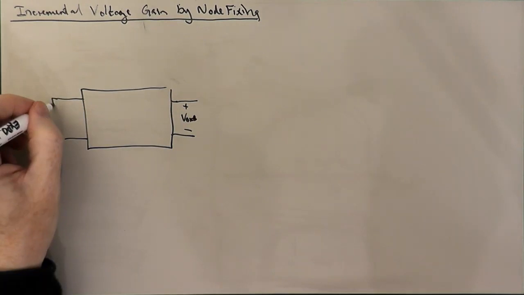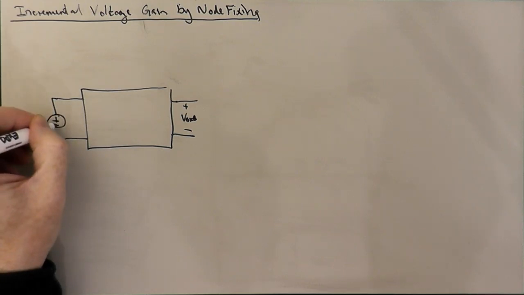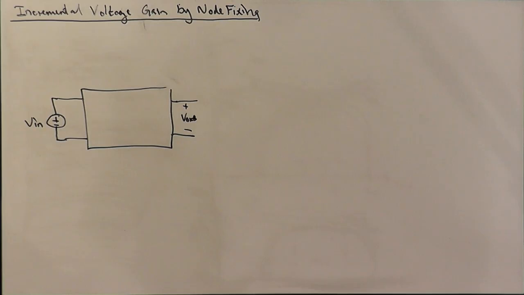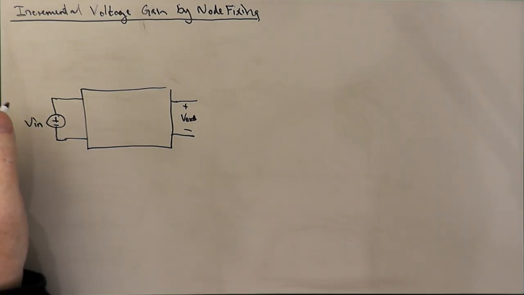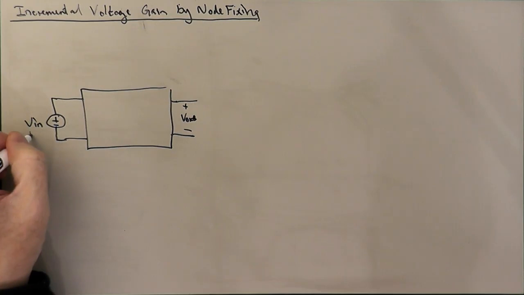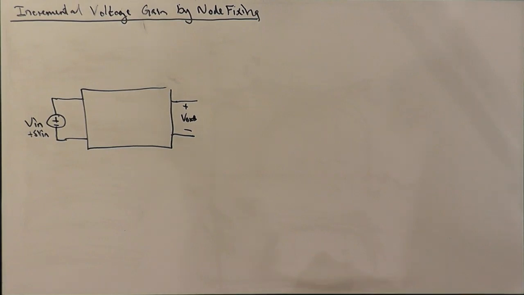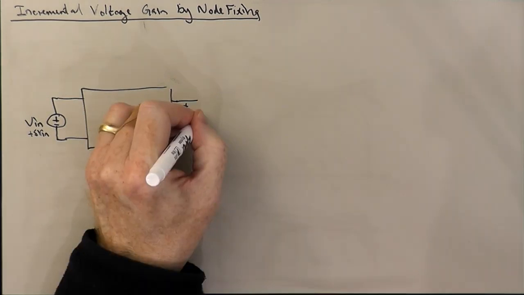And we're going to imagine that we've attached here an input voltage source. And what we're interested in doing is basically applying some small change in the input voltage, and that will create in general some change in the output voltage.